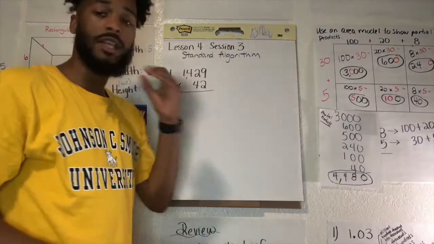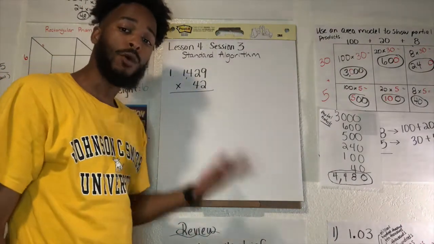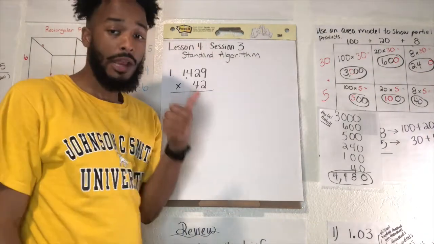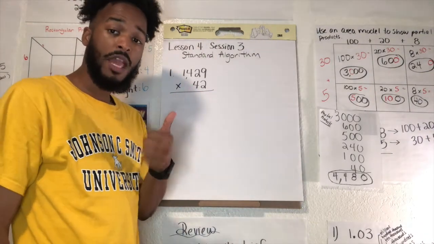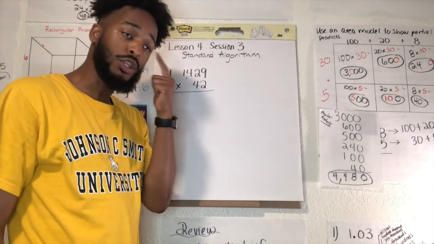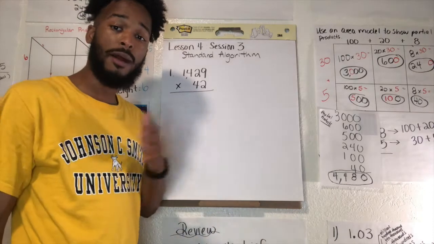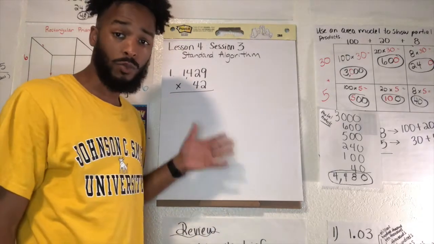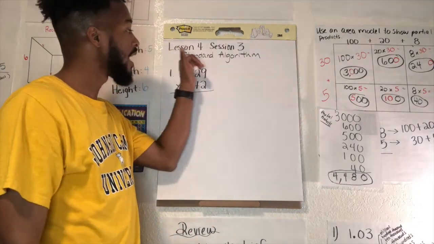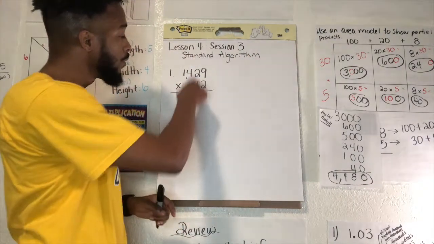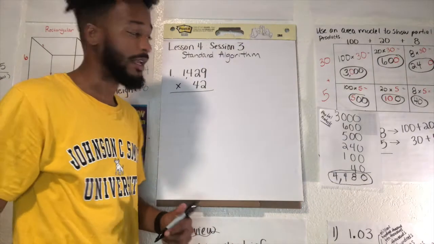So we've already learned two ways that we could multiply to find the product. We know that we can use an area model to help us find the product, and we also know that we could use multiplication with partial products and multiplying by base 10 to help us find the total product as well. But for session 3, we learned how to find the product using the standard algorithm. And I'm going to go through really quickly just to show us how we do that again, okay?